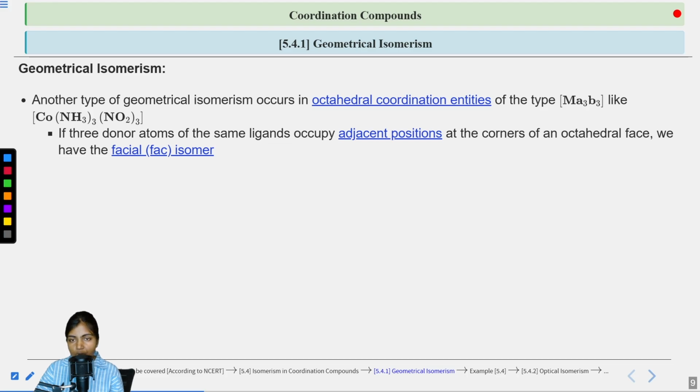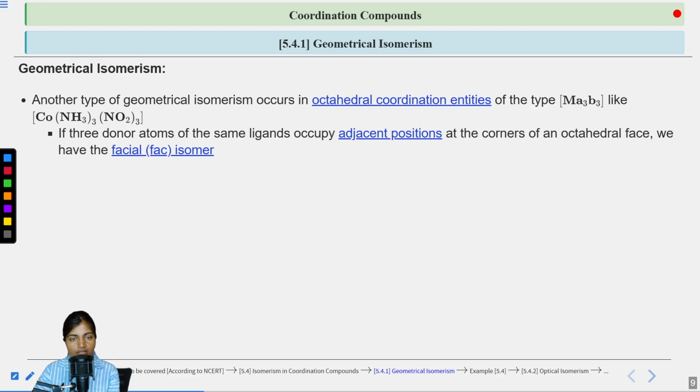Now, three donor atoms of the same ligand, what does it mean? If you take the example of Co(NH3)3(NO2)3, the three molecules of ammonia ligand have three nitrogens, which are going to be our three donor atoms of the same ligand, ammonia.